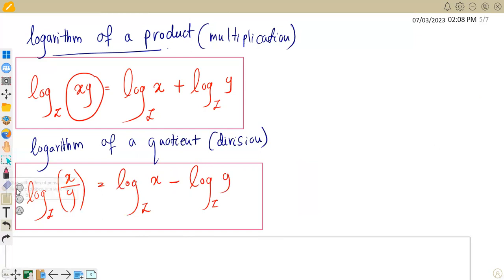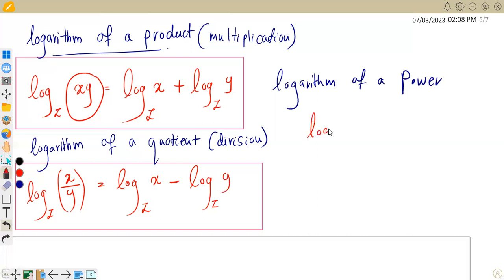The next one is logarithm of a power. If you are given logarithm of x to the power of y to the base z, this y comes to the front of the log term.